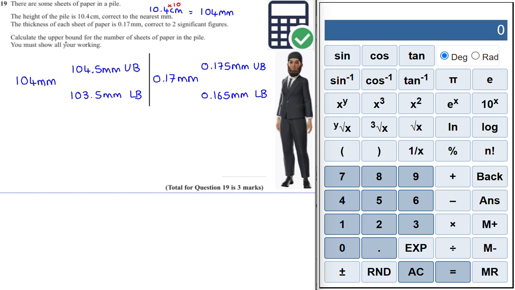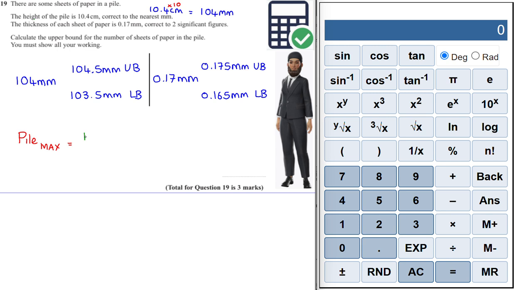Thereafter it says calculate the upper bound for the number of sheets of paper in the pile. So we're looking for the absolute maximum we can possibly get. So what we're looking for, well, let's write this down. It will be the pile. We're looking for the maximum. Well, that's only going to happen if we've got, for example, the upper bound of the pile.